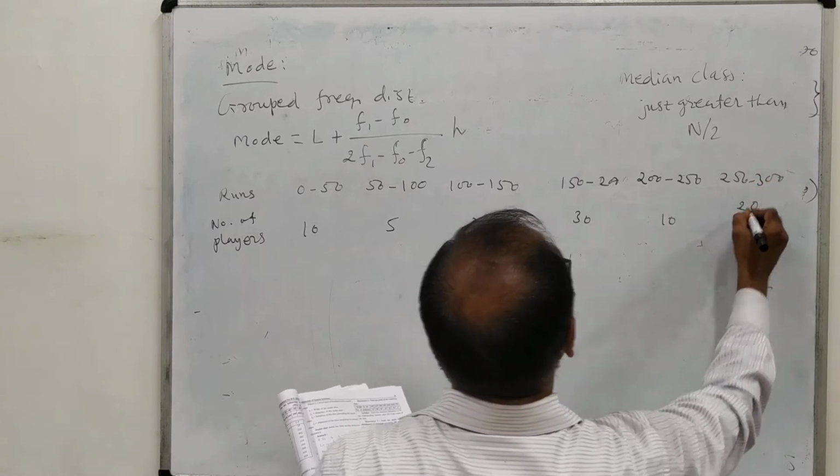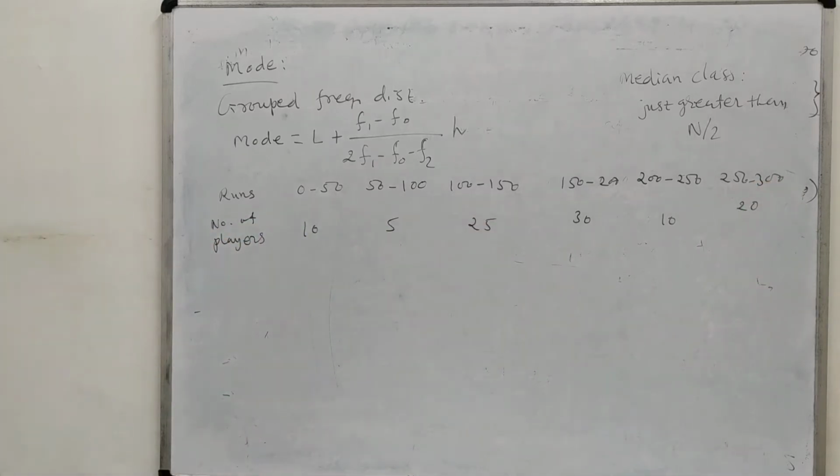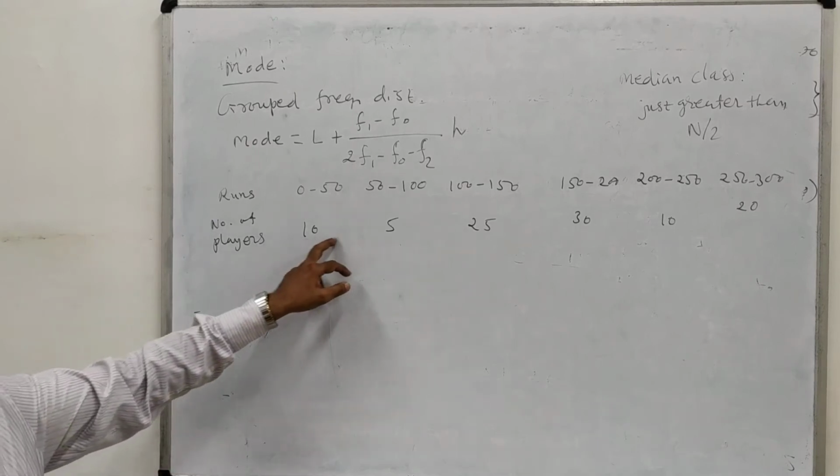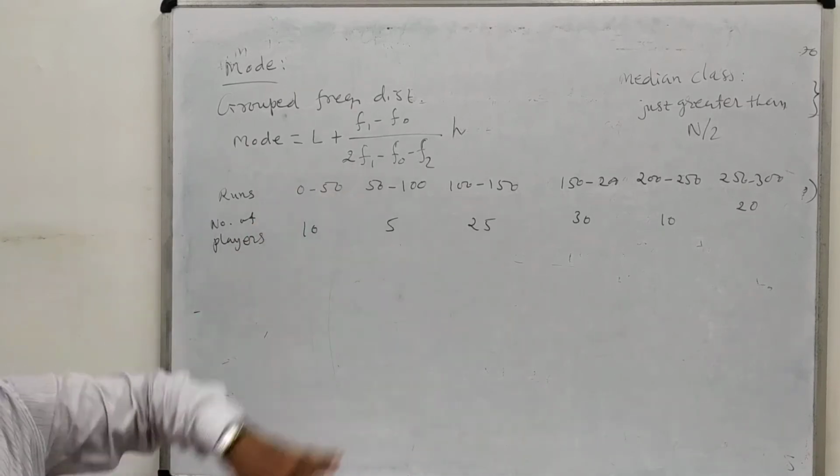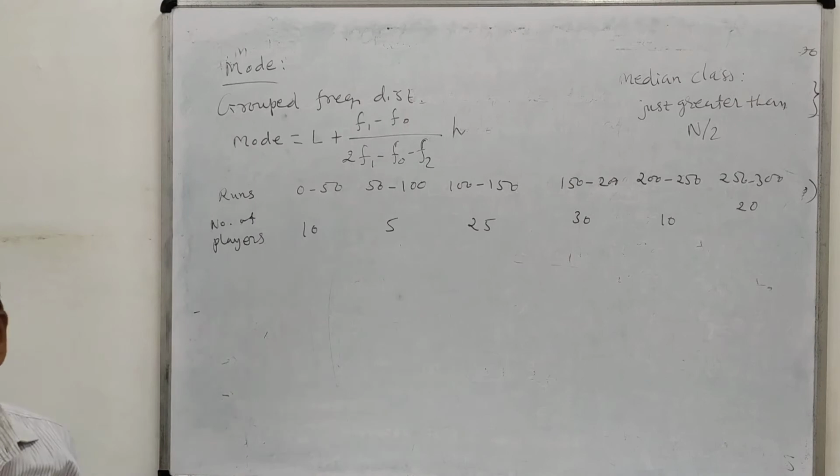That means in the whole tournament of a cricket match, it is given as the number of players who scores their total score in between this range.